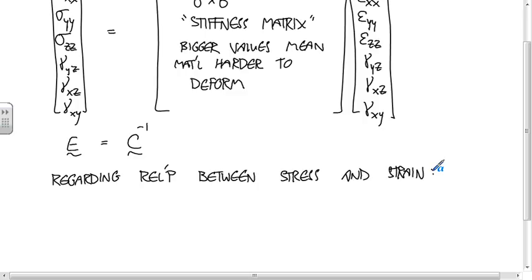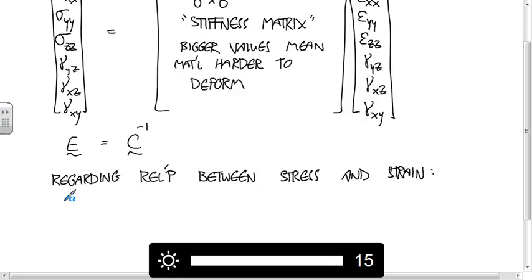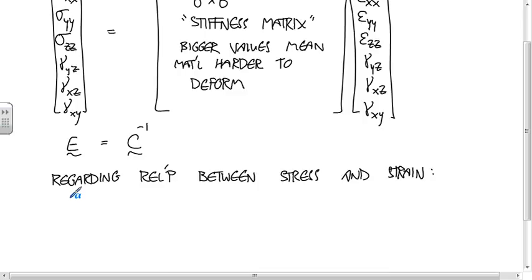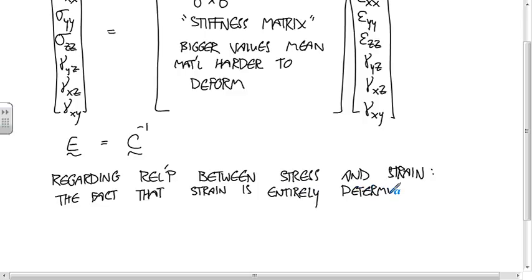We have something else going on in this class. So let me try to write that in a simple way. The fact that, let's say, strain is entirely determined by stress, or vice versa.